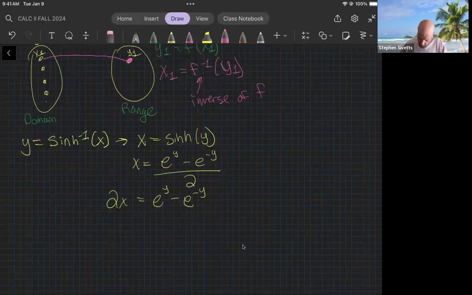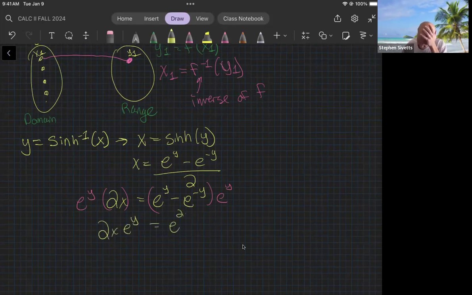From this point, I want to multiply both sides by e to the y. So what we'll get is 2x times e to the y equals e to the 2y minus 1. You might see where this is going.